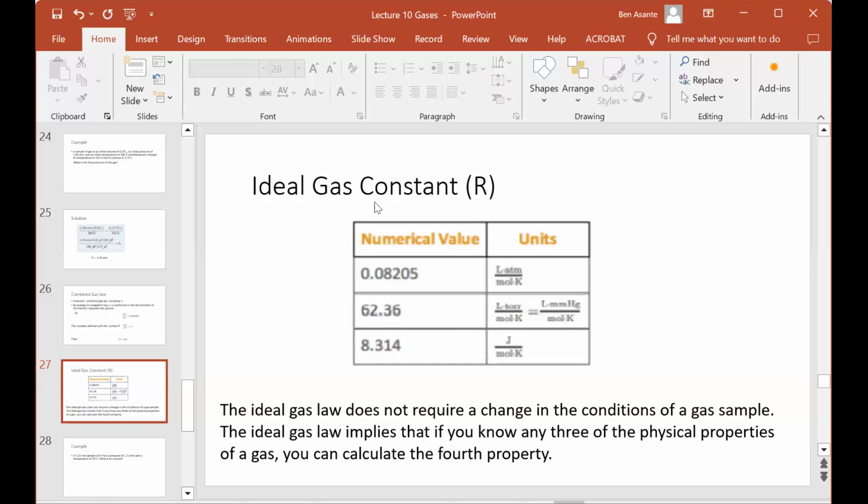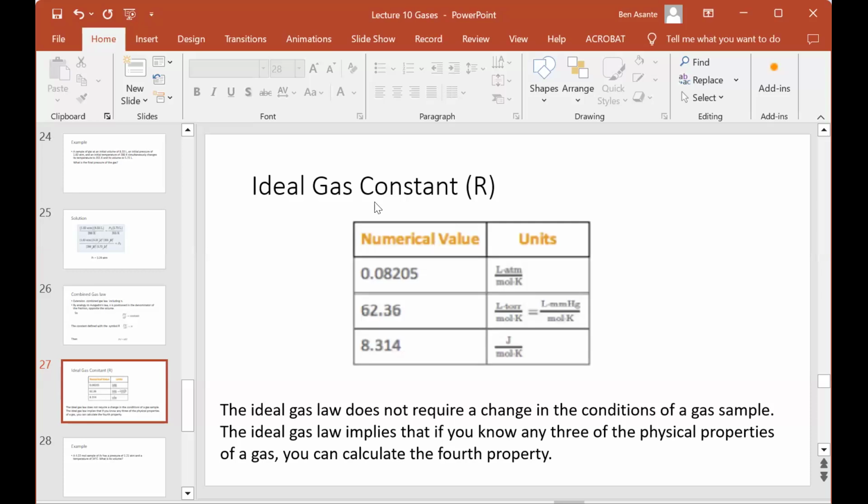In this case, the number we use goes with the units. For example, you have a numerical value here, which is 0.08203 and 0.5. The unit there is liter atmosphere per mole Kelvin. But when you use 62.36, it becomes liter torr per mole Kelvin, which also equals liters times millimeters of mercury, since 1 torr equals 1 millimeter of mercury.